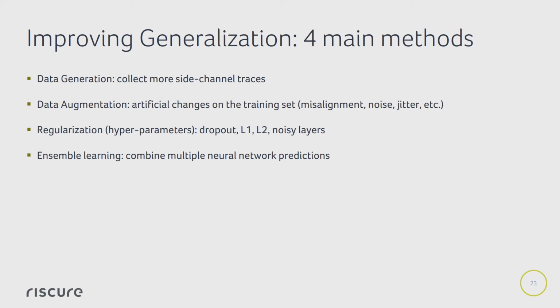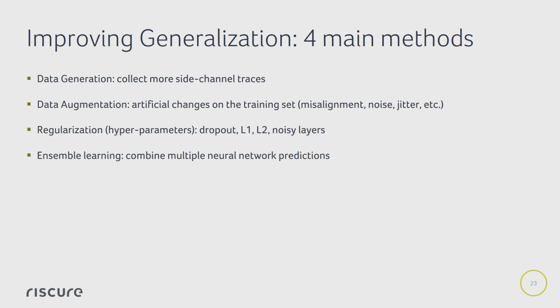There are also other techniques like data augmentation, where you artificially modify the training data you already have, and also regularization through other hyperparameters, which is more complicated because you increase the search space. It's still efficient, but it's not the easiest way to do it.